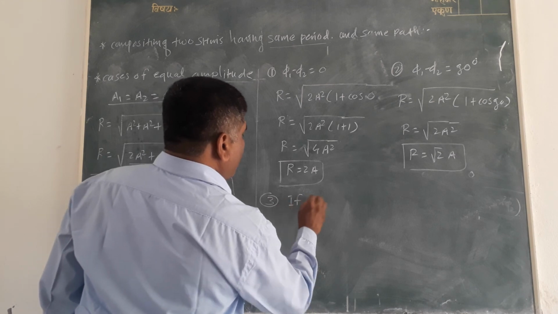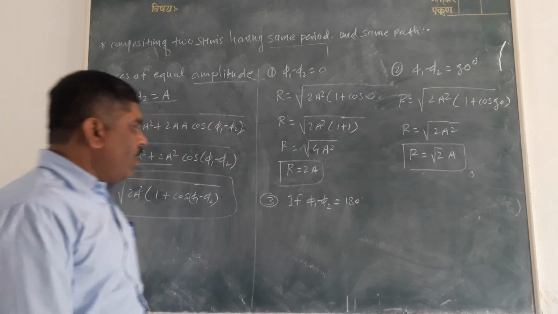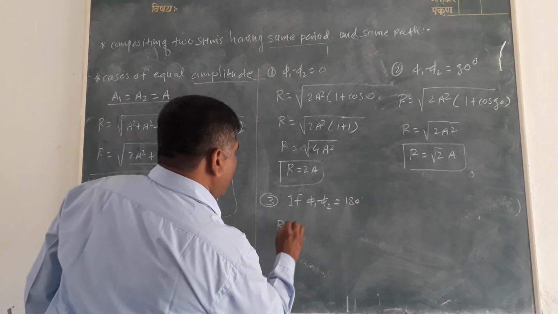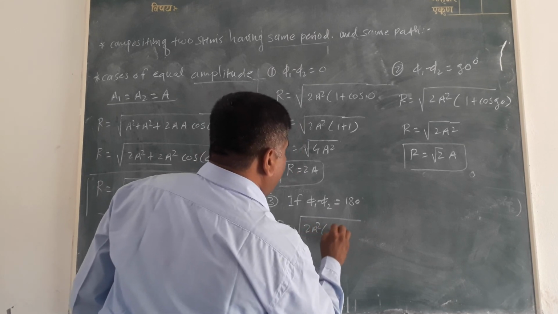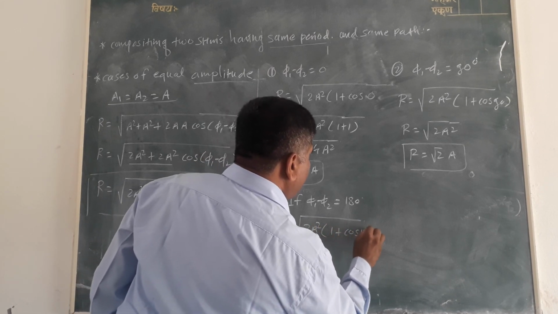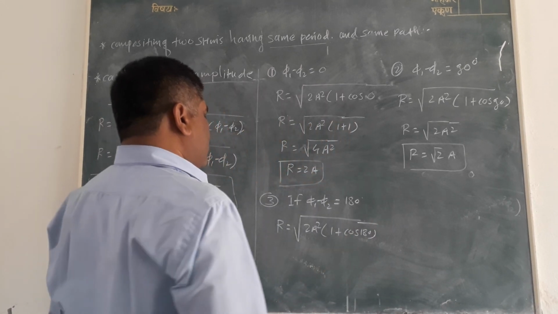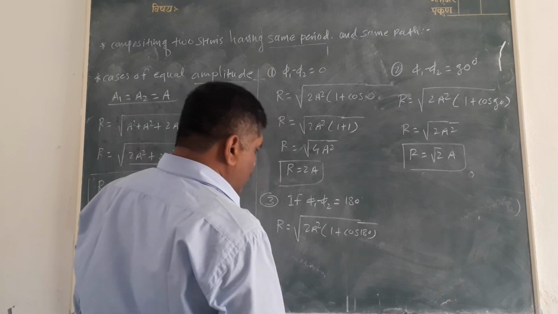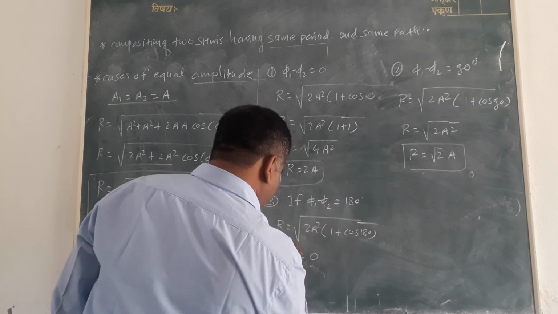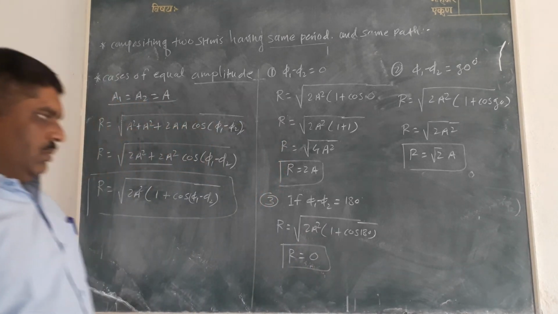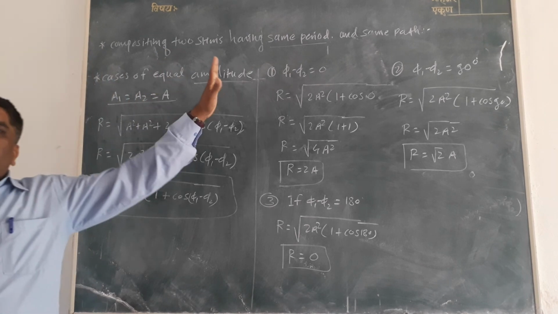If phi 1 minus phi 2 is equal to 180 degree, therefore R is equal to under root 2A square into bracket 1 plus cos 180. Cos 180 is minus 1, that is minus 1 plus 1 is 0, then whole term is 0, we get R is equal to 0. This is called the cases of equal amplitude.